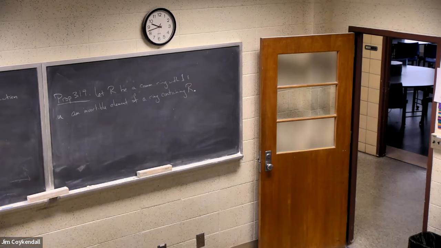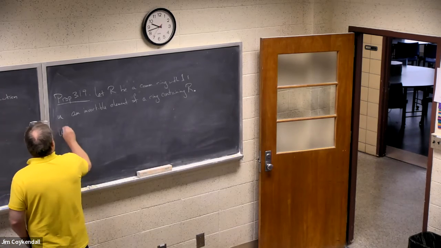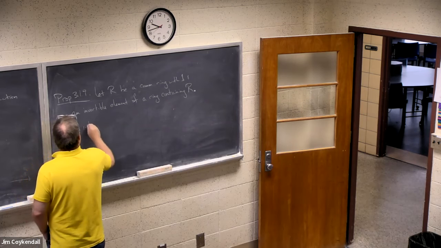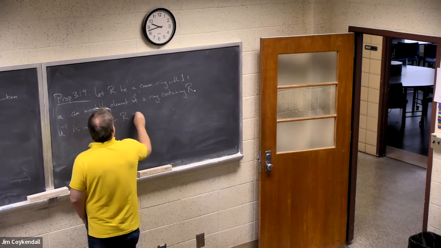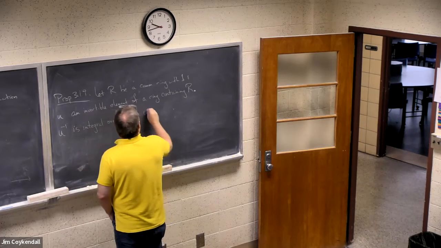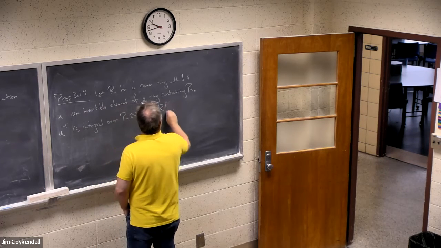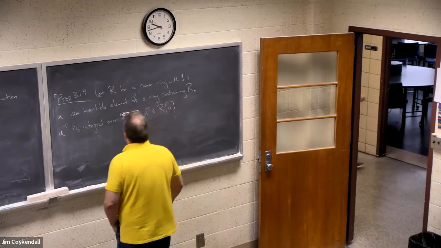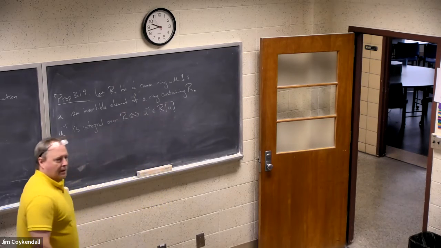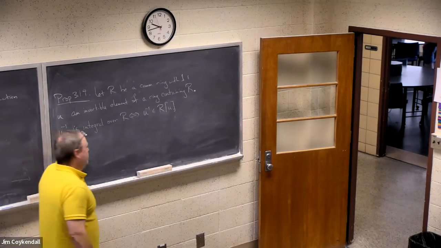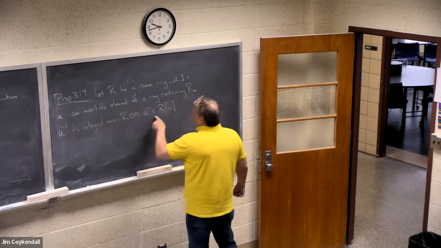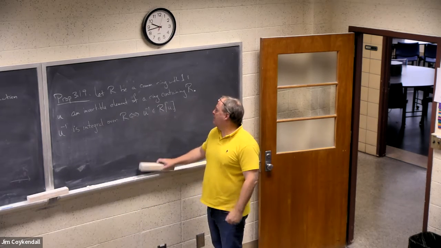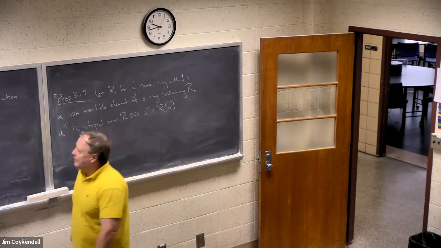u inverse is integral over R if and only if u inverse is in R[u]. And of course, you can mix and match this, so you can say u is integral over R if and only if u is contained in R[u inverse].